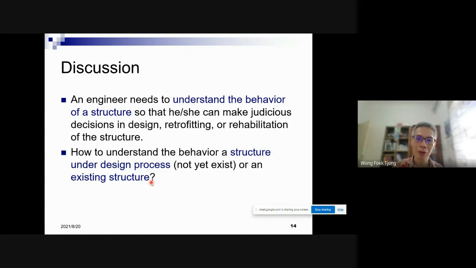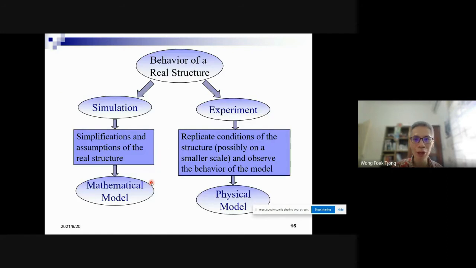The third pillar is computer simulation. So basically, to understand the behavior of a structure, we may use computer simulation, or perform experiments, or direct field observation.